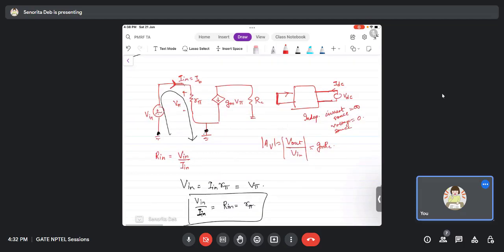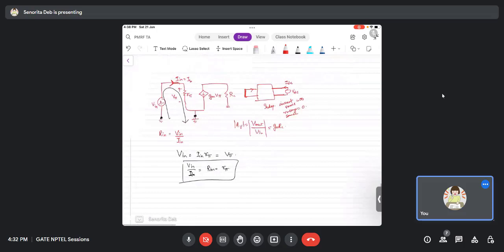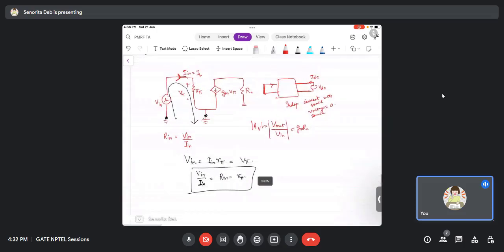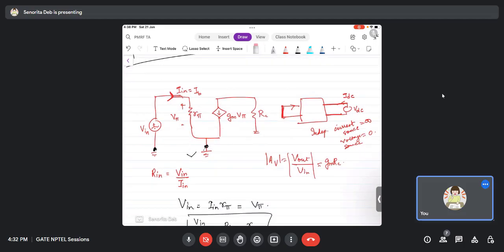Now I'm doing it in the same circuit. If I put Vin as 0, then V pi is also 0. If V pi is 0, this gm V pi is 0. Therefore, if I have a VDC and IDC here, the entire IDC current will flow through RC.